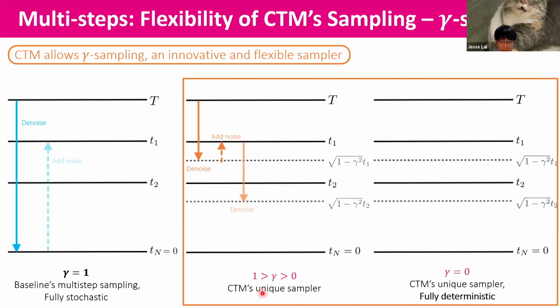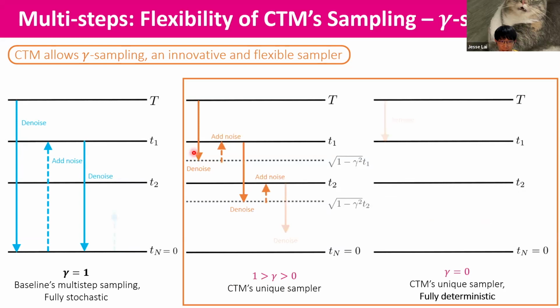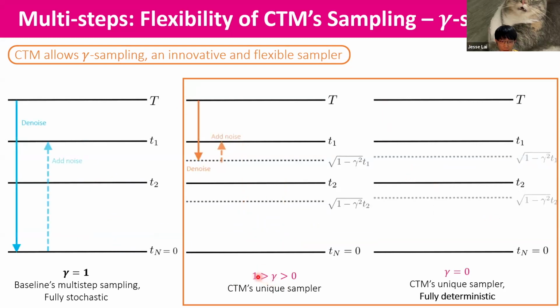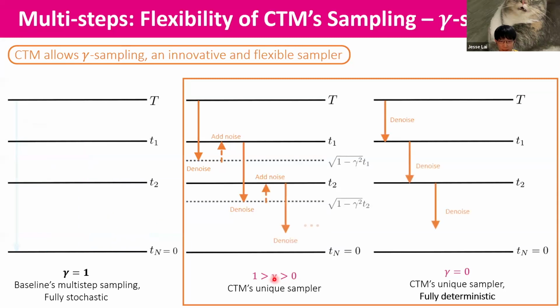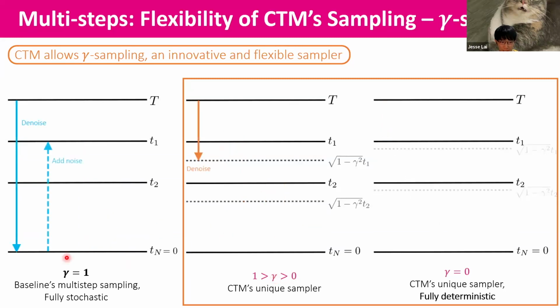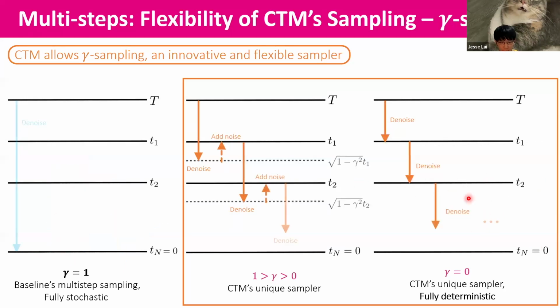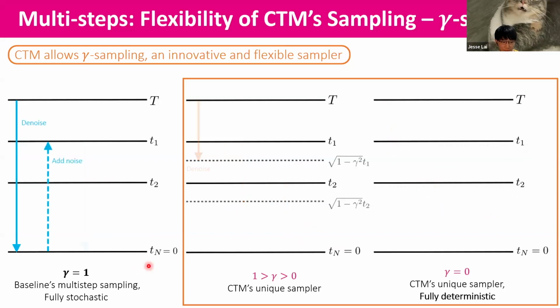And CTM models can support any gamma from 1 to 0 and any numbers between, which means CTM can do the multi-step sampling as CM or do the deterministic sampling. But the CM model can only do this kind of fully stochastic sampling scheme.